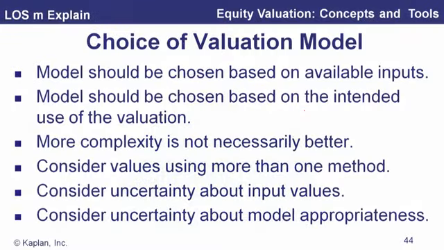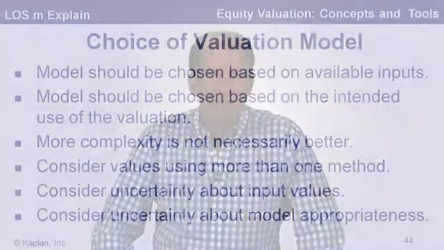So how do we choose a valuation model? Well, what are your available inputs? And how are you going to use this valuation? If we're going to use it for liquidation, maybe we want to look at asset values. More complexity is not better. I mean, it looks fancier, but it's not necessarily better. So who says we have to pick a method?